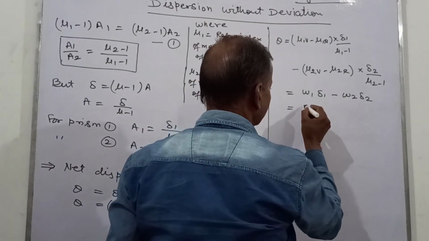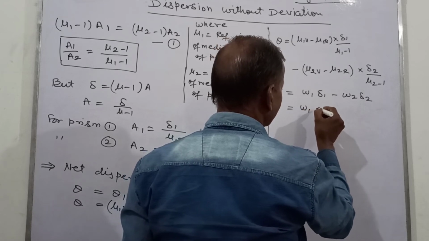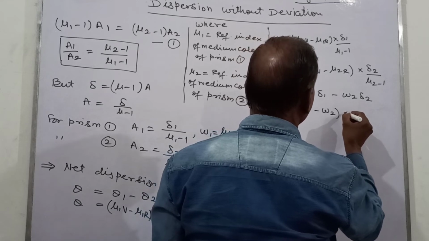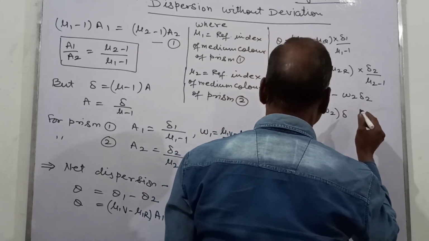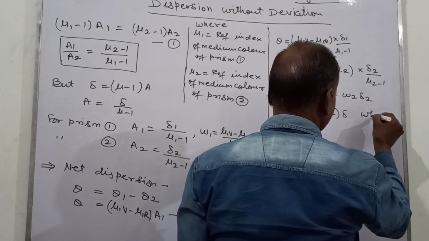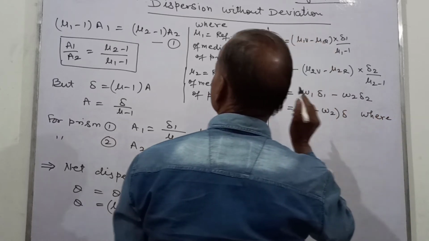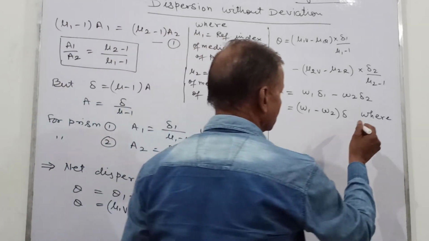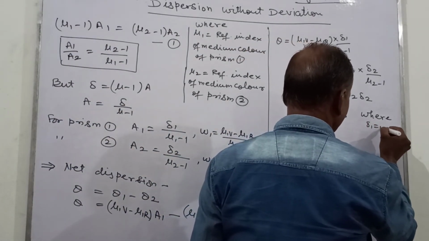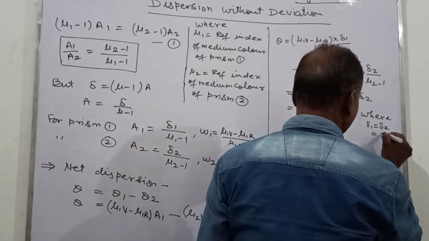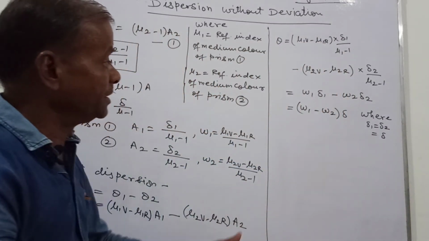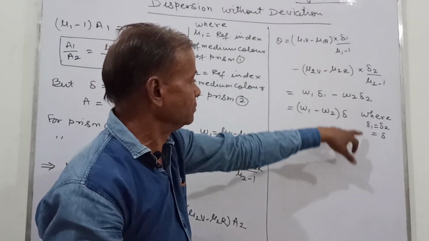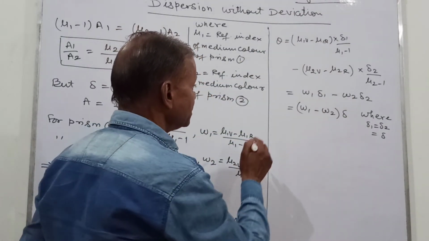So what we have is omega 1 minus omega 2 into delta, where delta 1 equal to delta 2 equal to delta, because there is no deviation at all. What we are saying is that there should be no deviation at all. So this is theta.